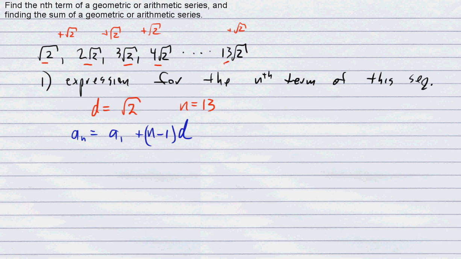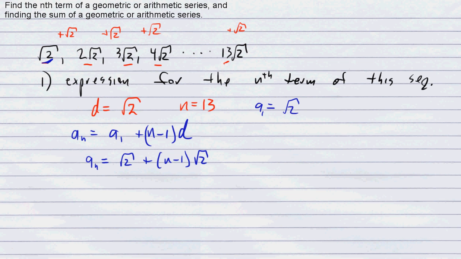Since it's the nth term, A sub n equals rad 2 plus n minus 1 times rad 2, because the first term is also rad 2.